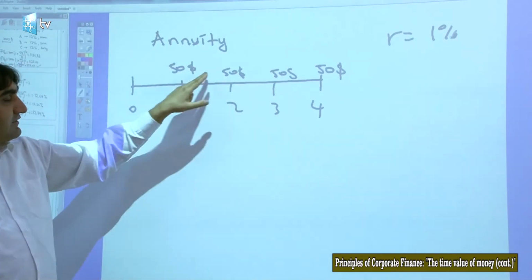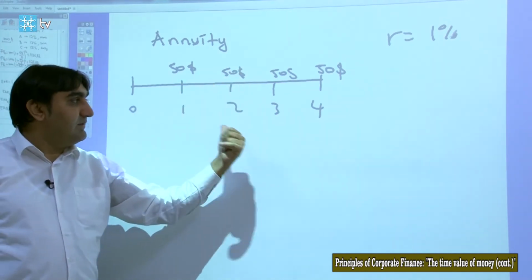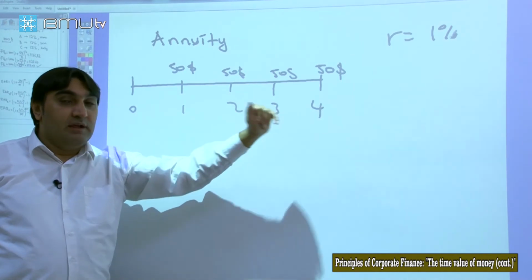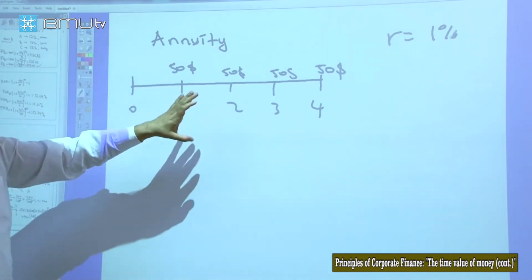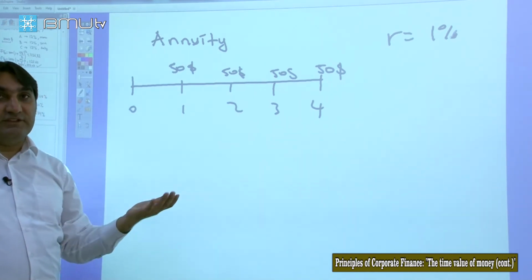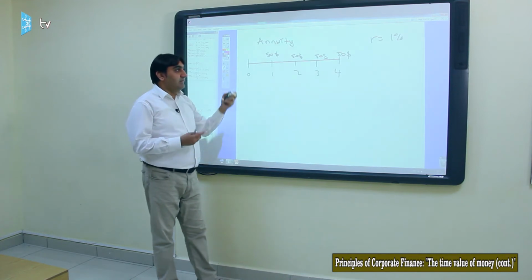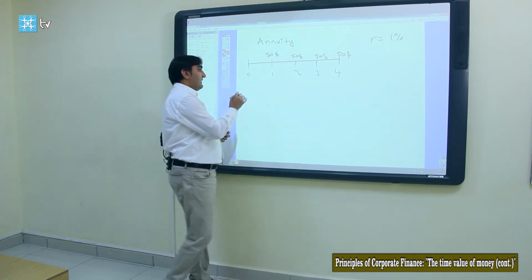The payments are fixed, 50, 50, 50, and the period is fixed: first month, second month, third month, and the last month. So frequency is fixed, cash flow is fixed. We call this type of cash flow an annuity, and it makes it easier to find the present value and future value of these cash flows.